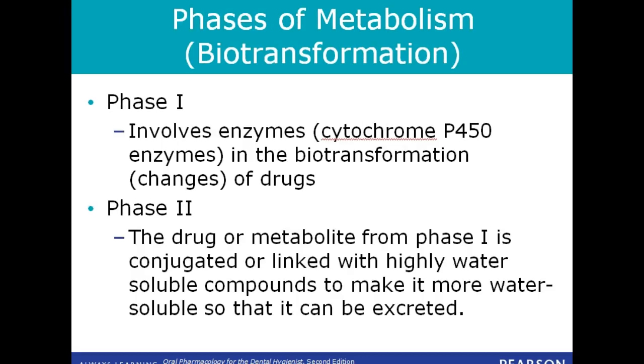There are two phases of metabolism or biotransformation. Phase 1 involves the cytochrome P450 liver enzymes. Phase 2, if the drug is not eliminated in phase 1, then the metabolite from phase 1 is conjugated or linked with highly water-soluble compounds to make it more water-soluble so that it can be excreted by the kidneys.